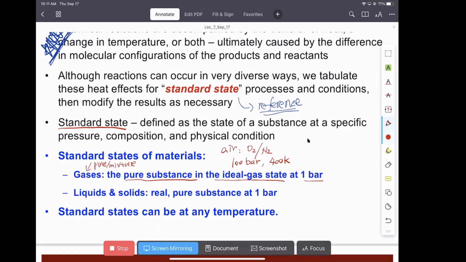Now if I need to study the property of the oxygen, then I need to quickly recall the oxygen standard state would be the oxygen ideal gas at 1 bar.